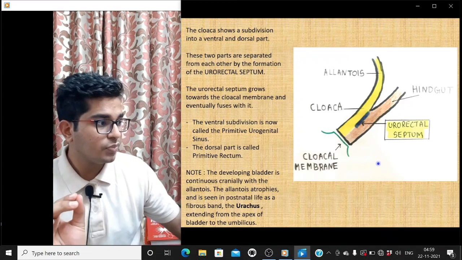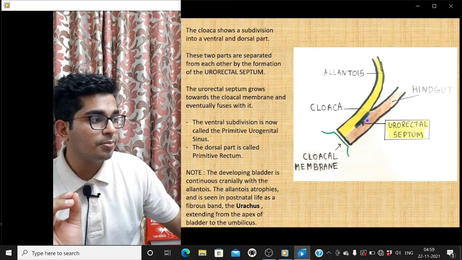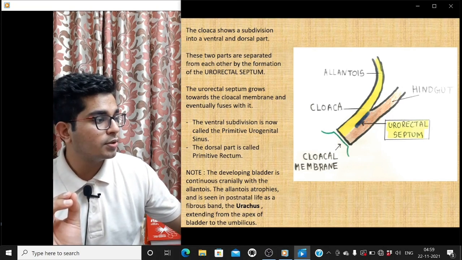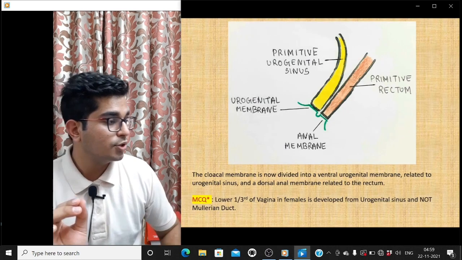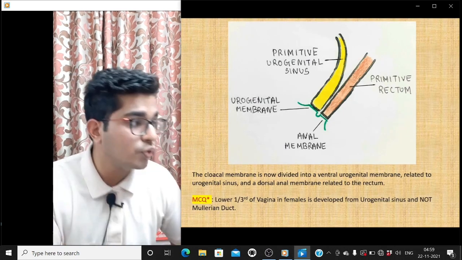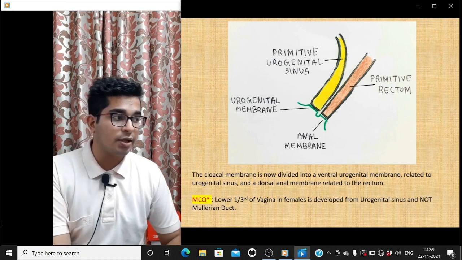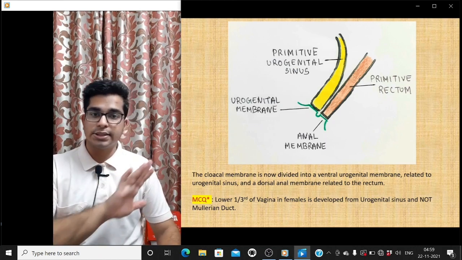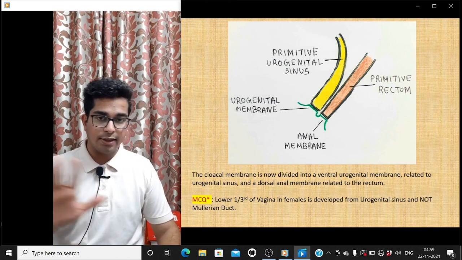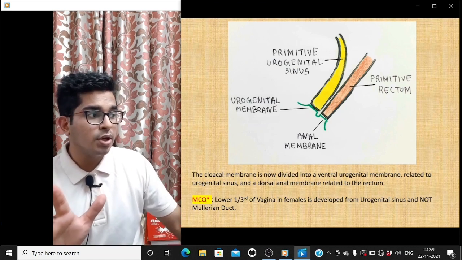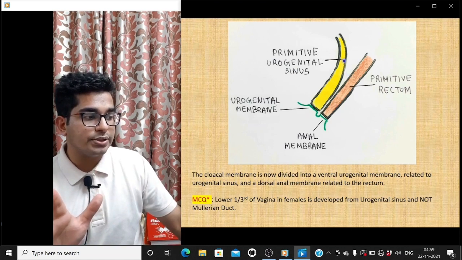Okay, so the urorectal septum divides over here, and yes, so here is our primitive urogenital sinus and the primitive rectum. Urogenital sinus is related to your bladder, urethra, and the urine collection system. Now this was your allantois, right?